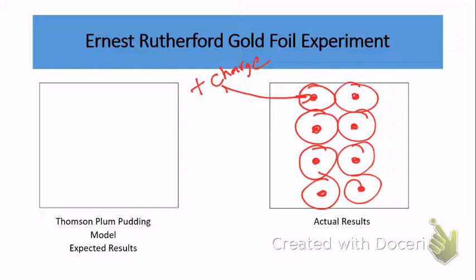And he's going to call that center positive charge the nucleus of the atom. And what is happening is that the nucleus is not bigger than the actual atom, but it's quite massive compared to the electron.